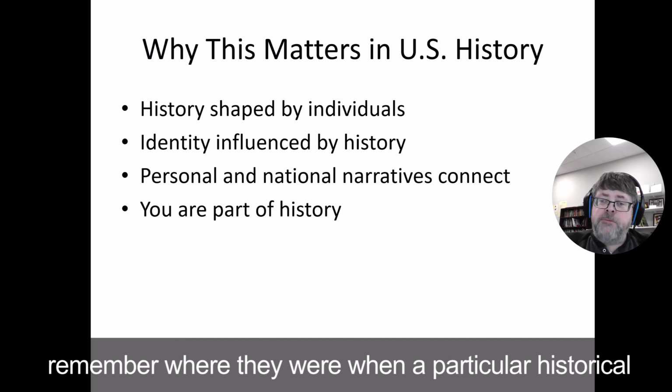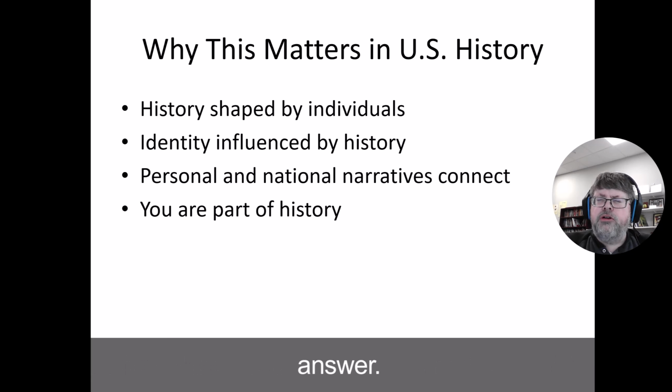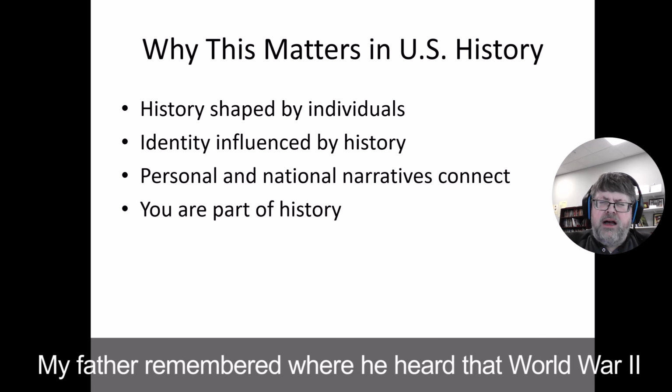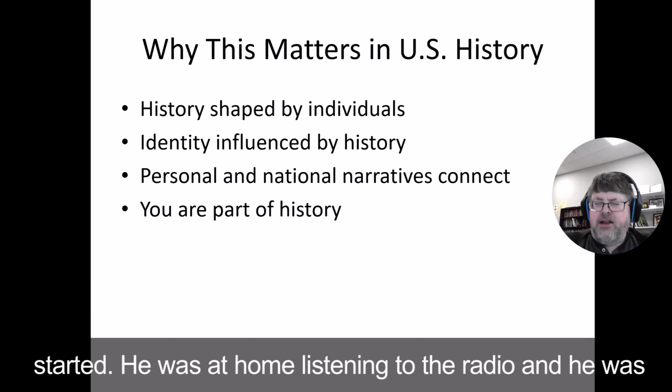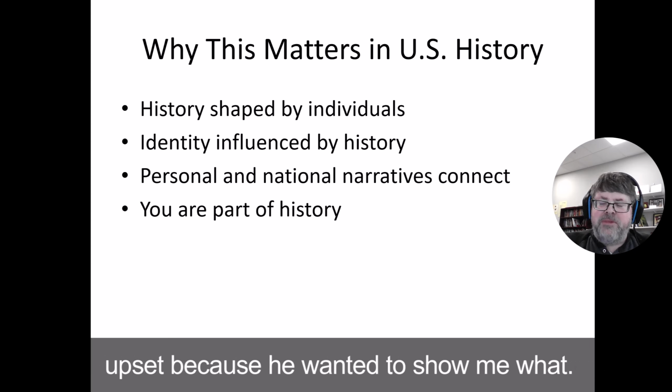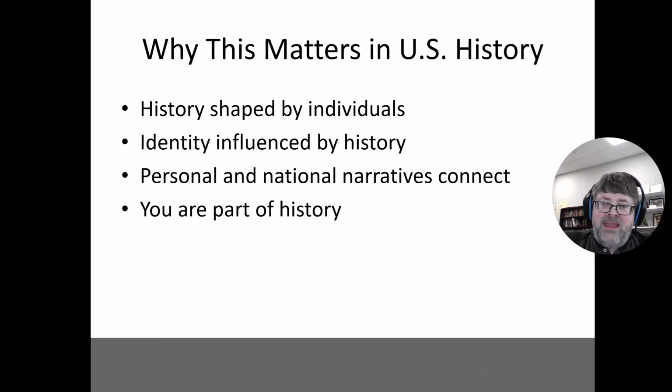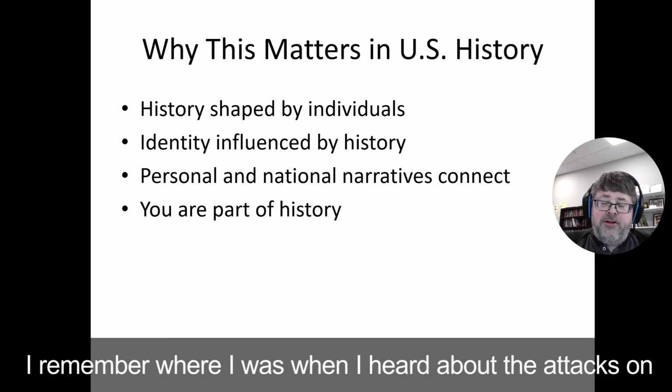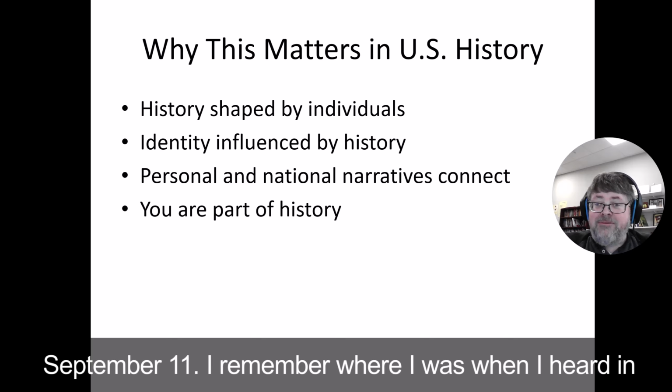People often remember where they were when a particular historical event occurred. My father remembered where he was when he heard that World War II started. He was at home listening to the radio, and he was upset because it was preempting the show he wanted to watch. I remember where I was when I heard about the attacks on September 11th.